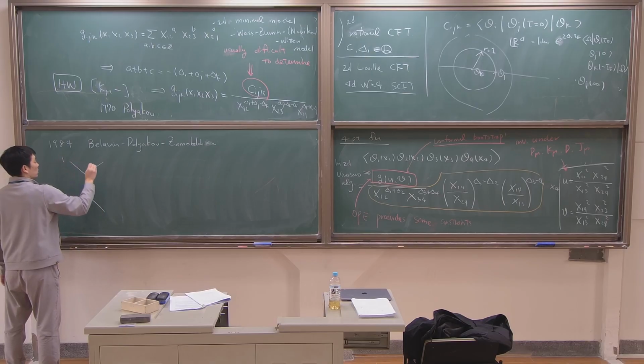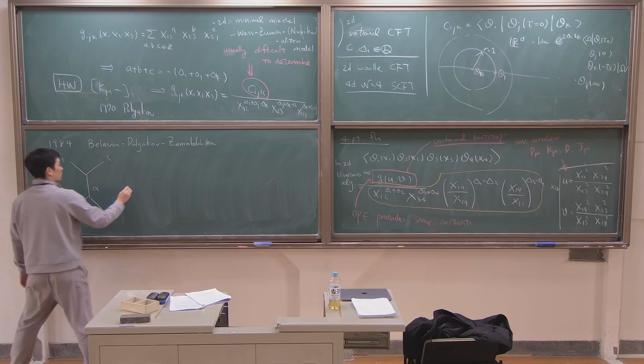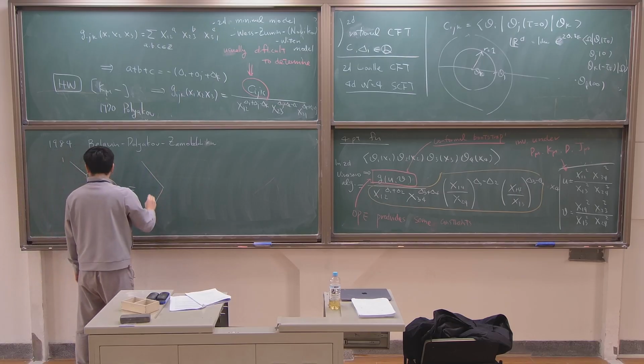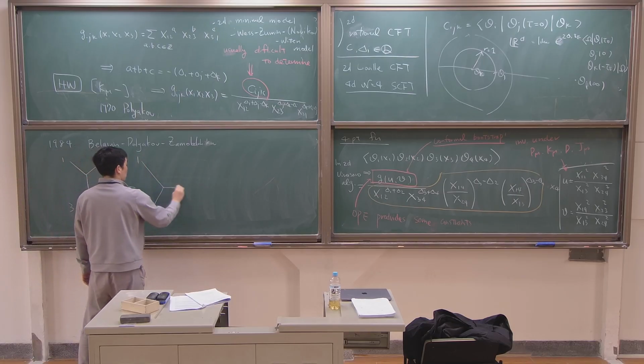With points 1, 2, 3, 4, and alpha should be 1, 3, right here.